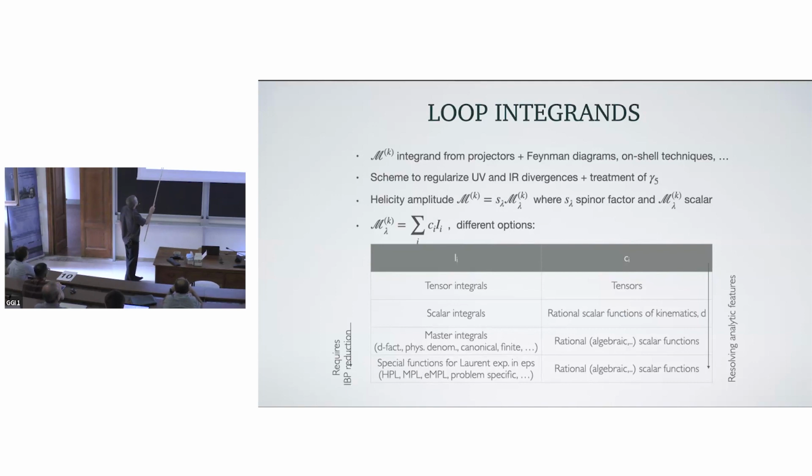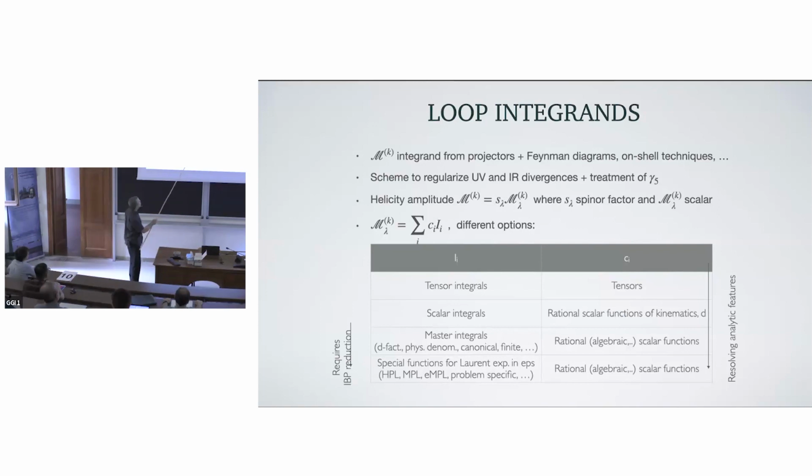Roughly speaking, you write your matrix element or scattering amplitude as a linear combination of some building blocks, some loop integrals, with some coefficients, and you have different options for that. For instance, you could directly use tensor integrals, and then you have tensorial coefficients.